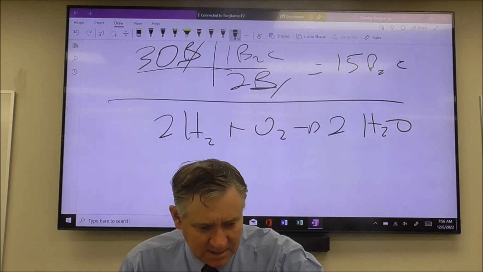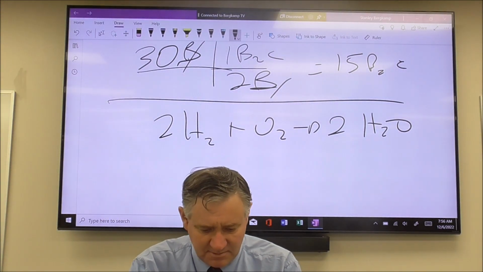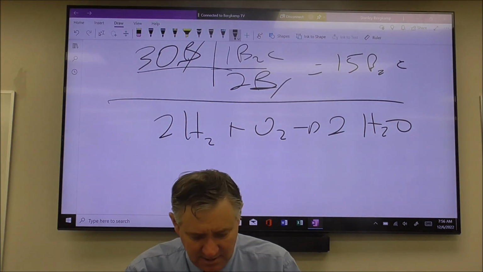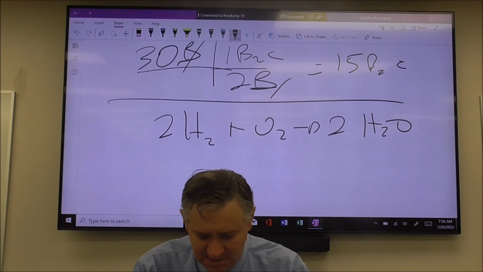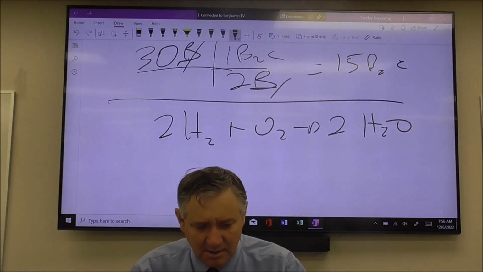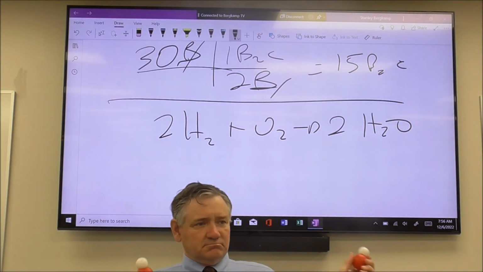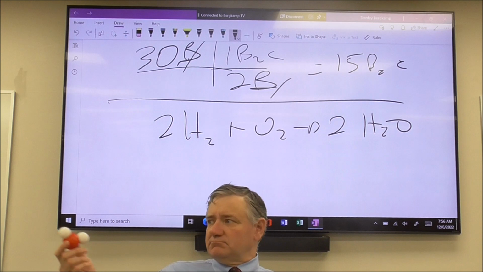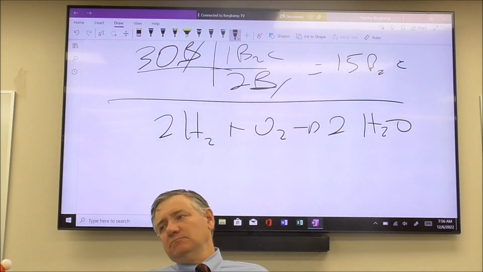I need 1 oxygen. Boom, I got that. Okay, then I'm going to take this and I'm going to recombine these like this. And just like making cheese sandwiches, instead of making cheese sandwiches, I have made water. Okay, exact same process. Cheese, bread, we make a sandwich. Hydrogen, oxygen, we make water. Okay, same process.